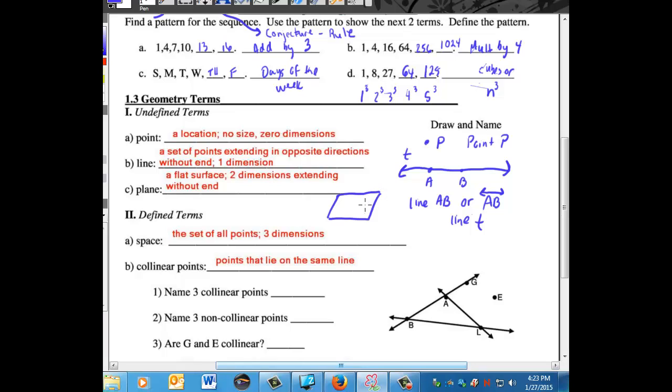And so this would be our plane, and there's always at least 3 points in a plane that are non-collinear. So let's put point A, point B, and point C. And so I could say that this is plane ABC. I could put a Y right here, and I could say that this is plane Y.